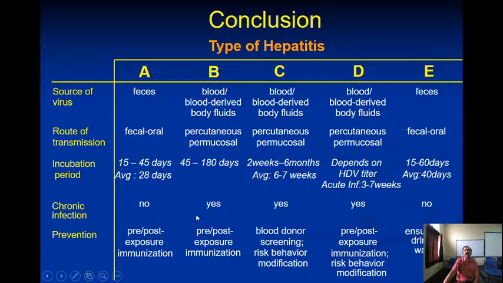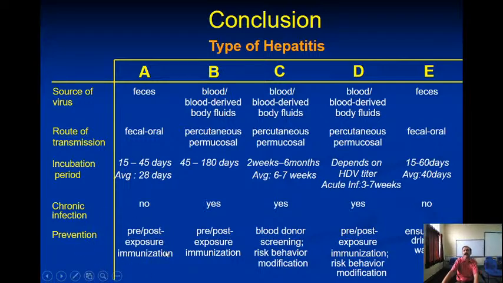Chronic infection is common in B, C and D, not there in A and E. For prevention of hepatitis A, though we have a vaccine, it is not very commonly used in our country, and what we require is to ensure safe drinking water, safe food, and various other things.